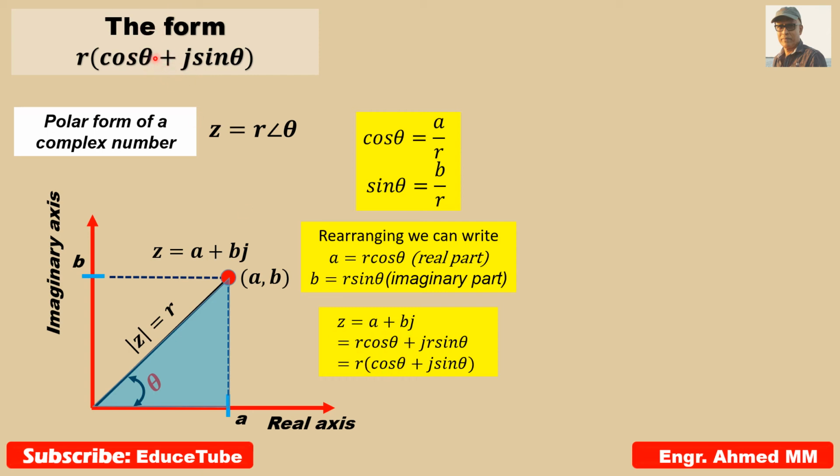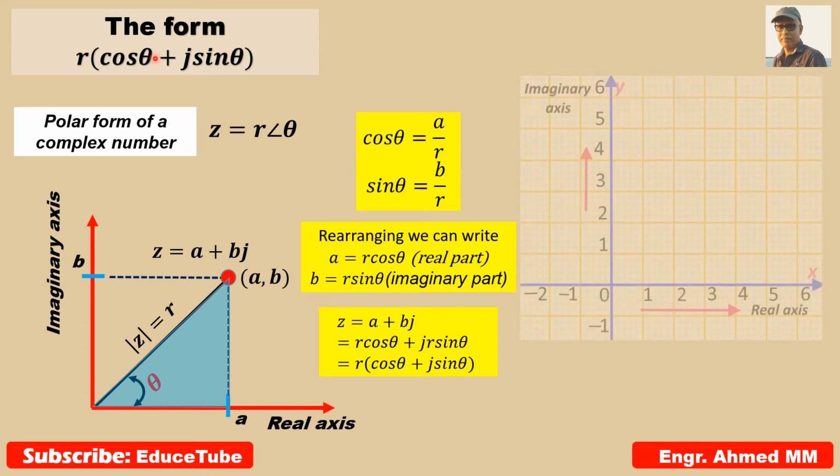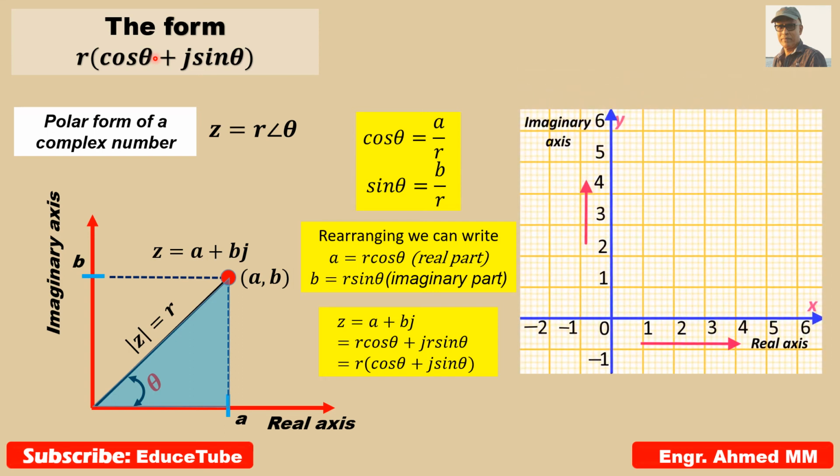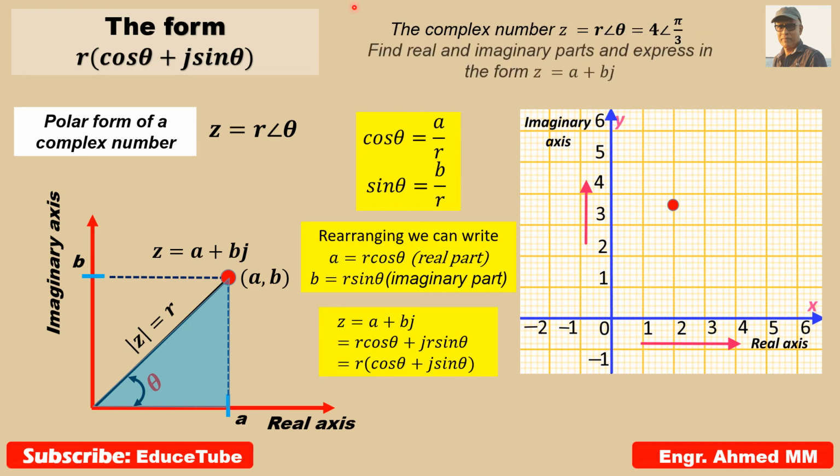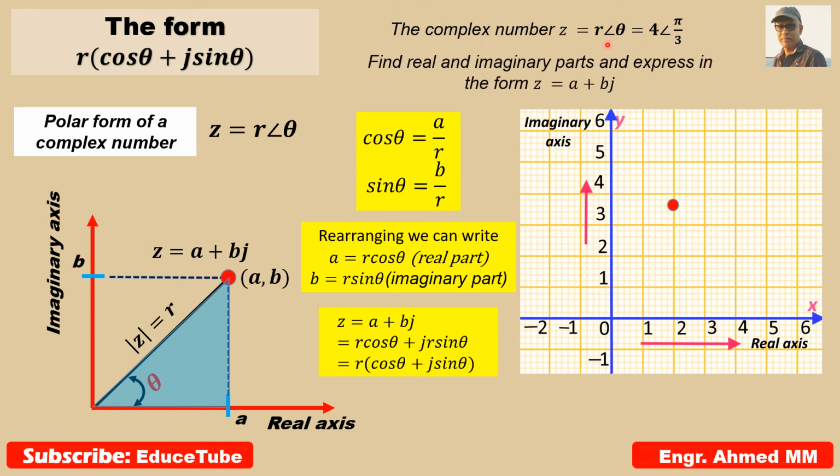Now let's see an example. The complex number, say z equal to, as I told, we have to use z equal to r, angle theta. So our modulus is 4, argument is pi by 3.